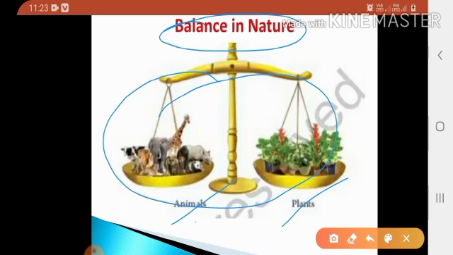Children, when man has cut down the entire forest, thereby destroying plant life, fewer trees would lead to lower oxygen level in the air. It would also lead to the death of animals that are dependent on plants. Children, we have thus seen how all living beings are interdependent and how important it is for us to maintain a proper balance of plant life and animal life.